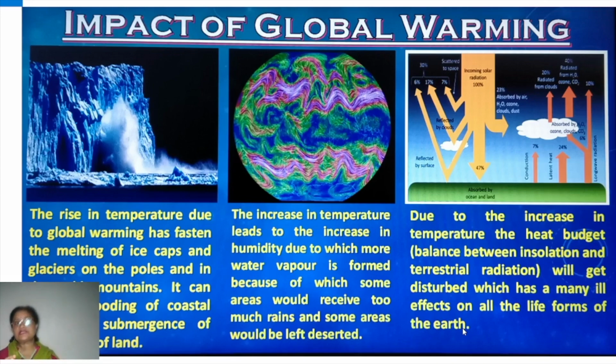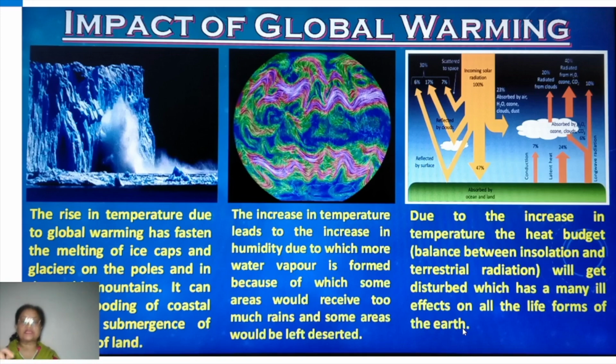So always, children, there is a balance which is maintained between incoming solar radiation, also called insolation, and the terrestrial radiation. There is always a balance maintained in a natural way. But what happens now? Because of the disturbance caused by various human activities, the increase in greenhouse gases, and many such other activities, global warming has been caused.